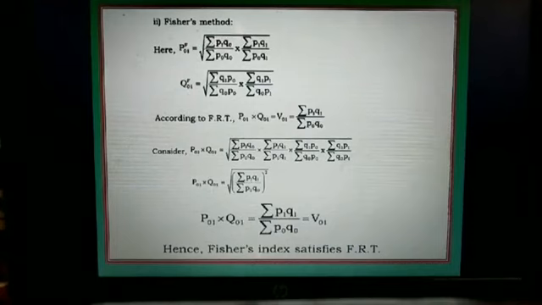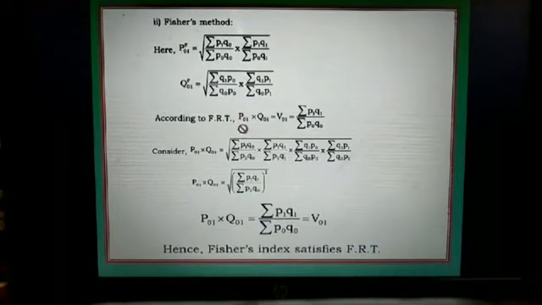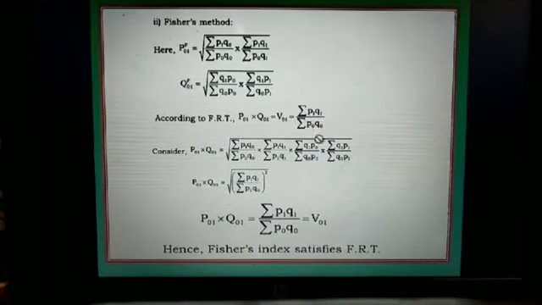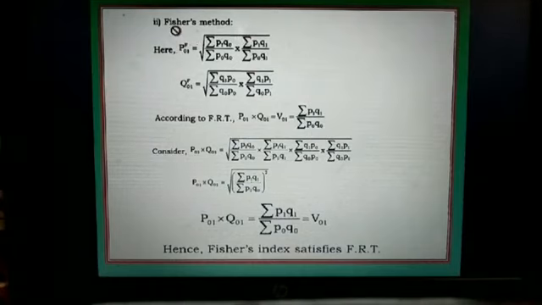We know according to FRT, or the factor reversal test, what is to be satisfied: P01 multiplied by Q01 should be equal to V01. V01 is nothing but the sum of P1 Q1 divided by the sum of P naught Q naught. So multiply these two price and quantity index numbers based on Fisher's method first.